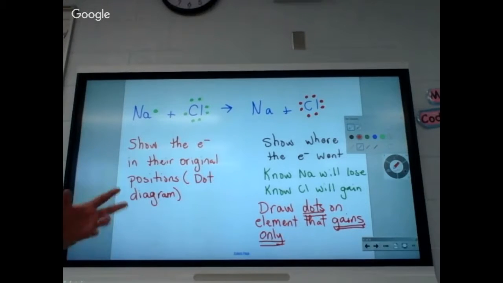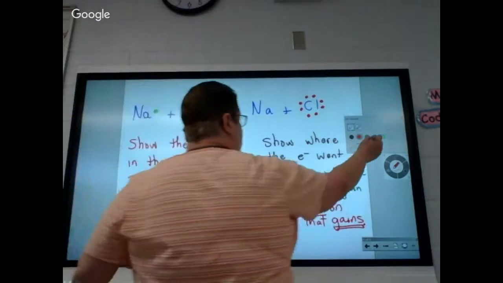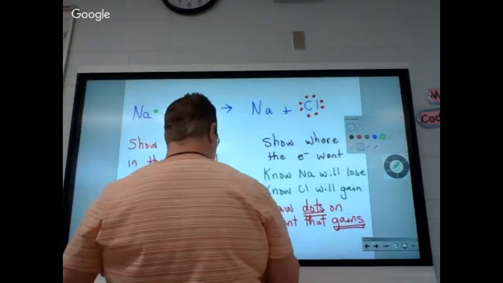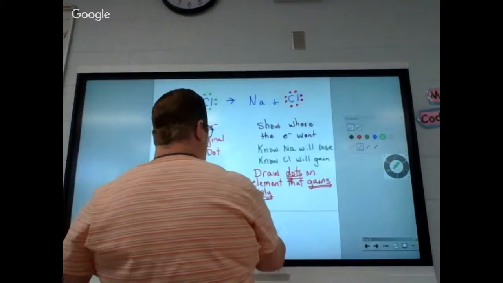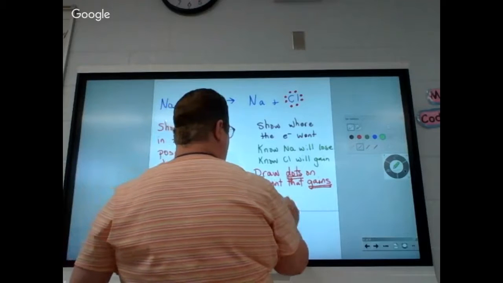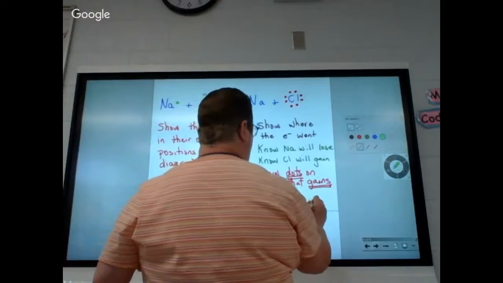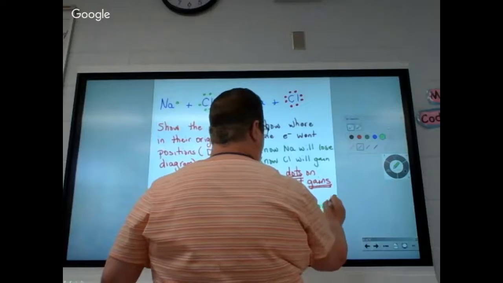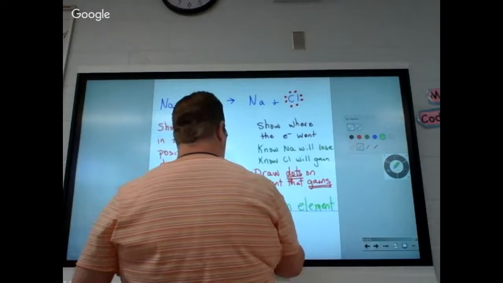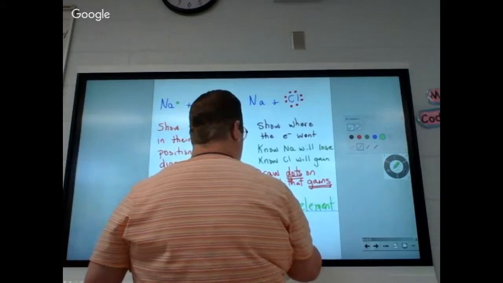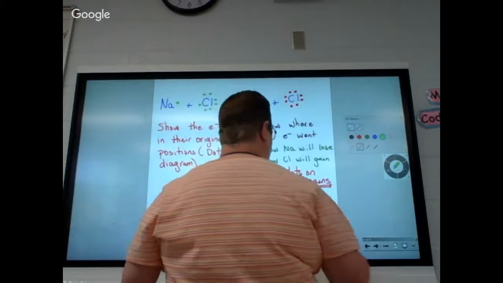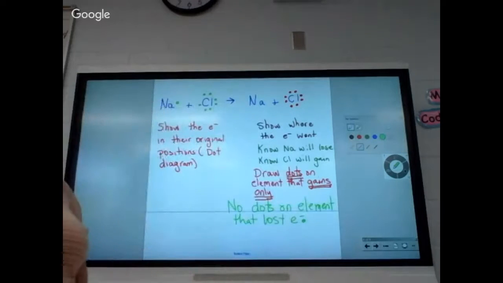All right. No dots on the element that lost electrons. No dots on the one that lost.